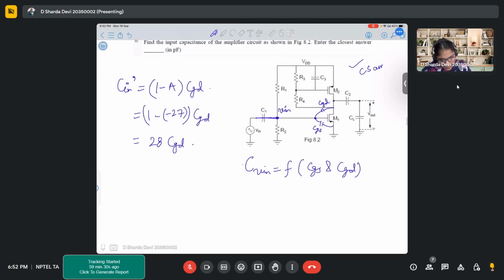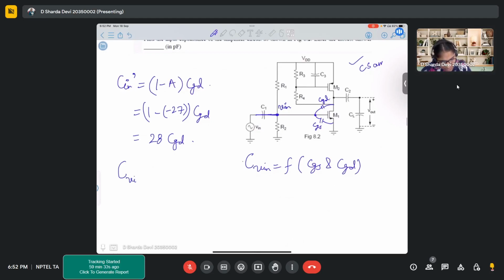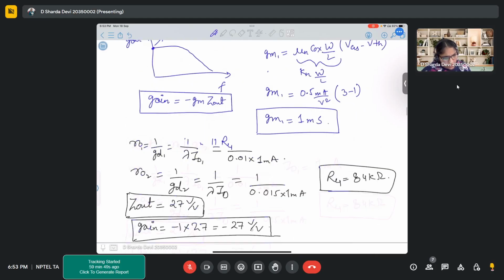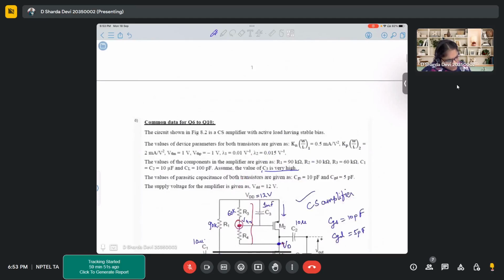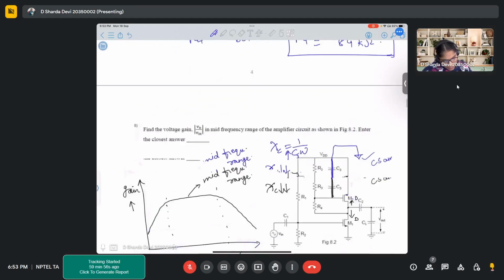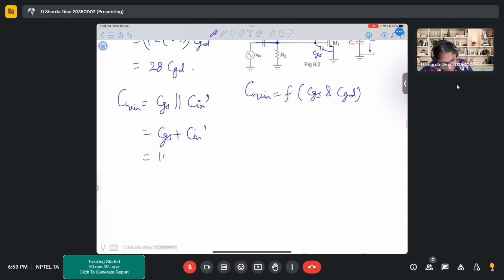So CM is in parallel with CGS, which is CGS plus CM dash. So CGS is how much? 10 pico and 5 pico. 10 picofarad plus 28 into 5 picofarad.